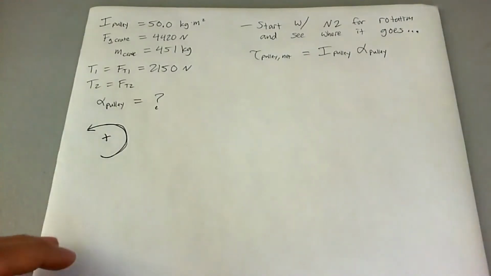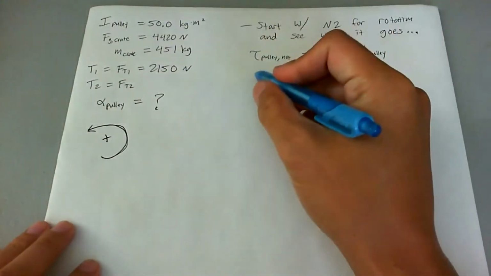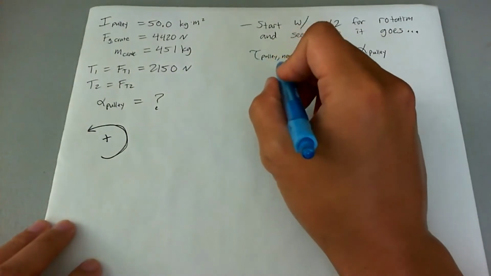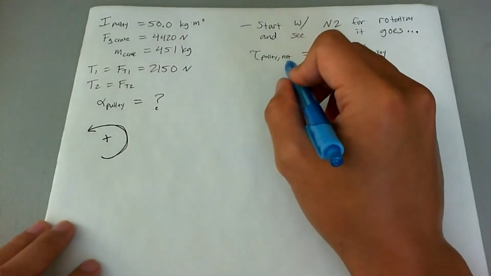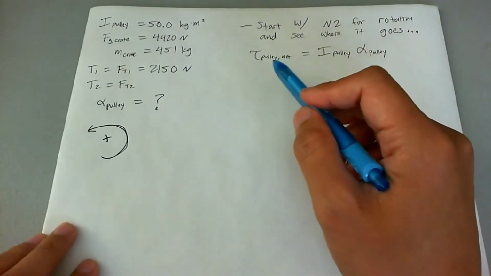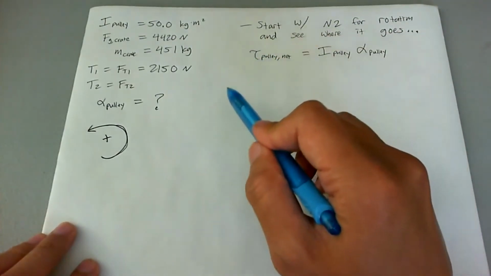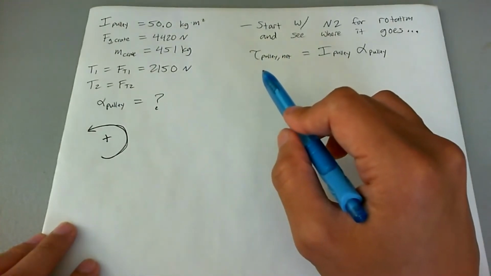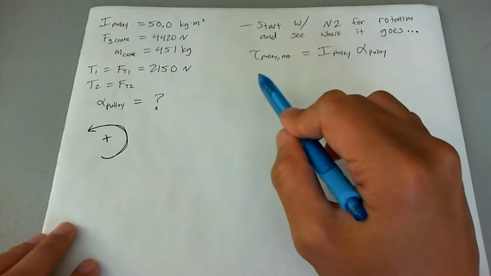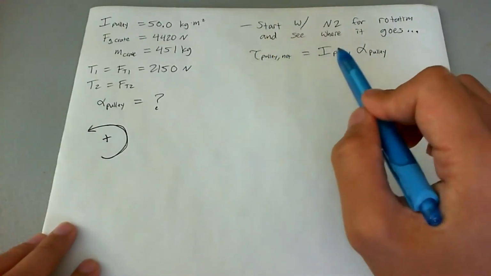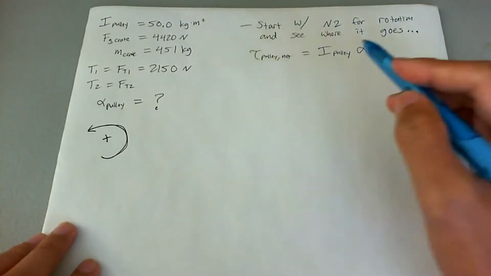I'm going to then break down torque into stuff that's a bit more familiar. Also, we need to acknowledge the fact that there are two torques acting on the pulley. There is a torque from the motor pulling the pulley counterclockwise, which is positive, and the torque from the weight of the crate pulling the pulley clockwise. So we're going to do Newton's second law for that dual pulley system.